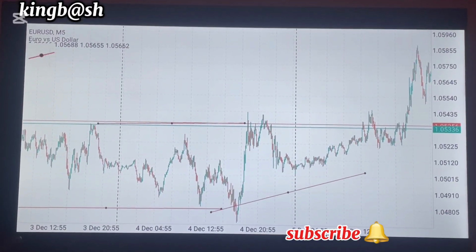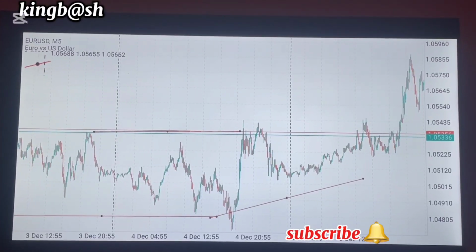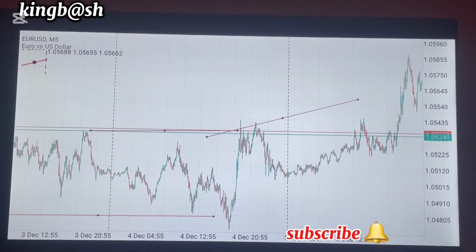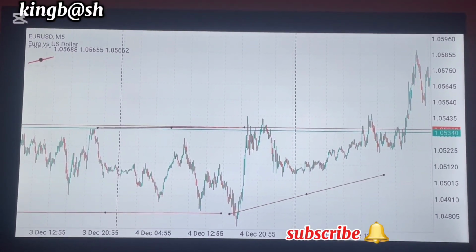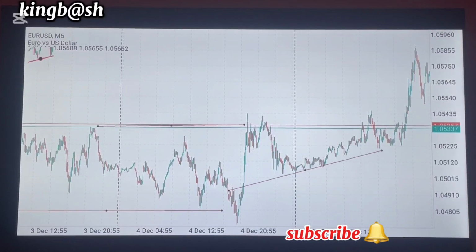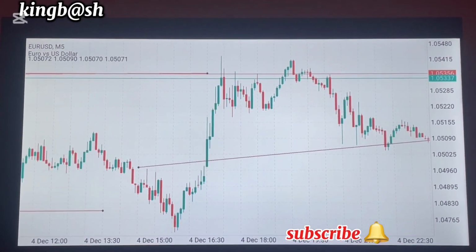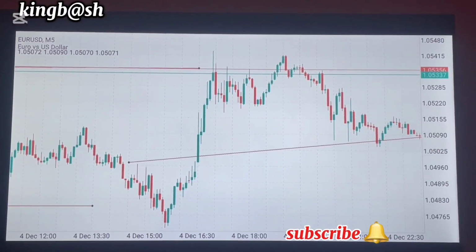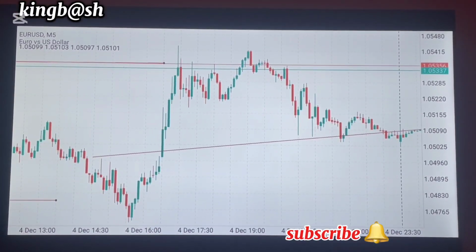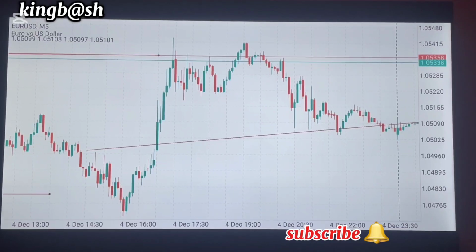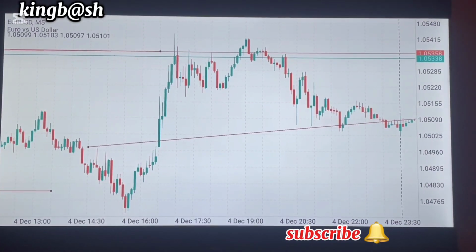So on the 3rd of December, this was the lowest point, and this was the highest point price reached. So what happened now? You can see from here, immediately price swept this point here. Immediately price swept this point.